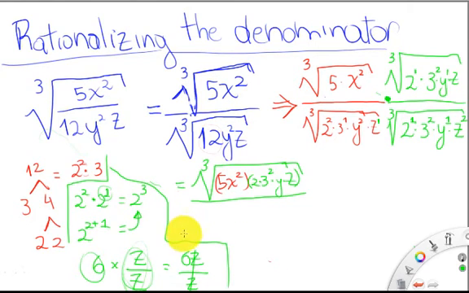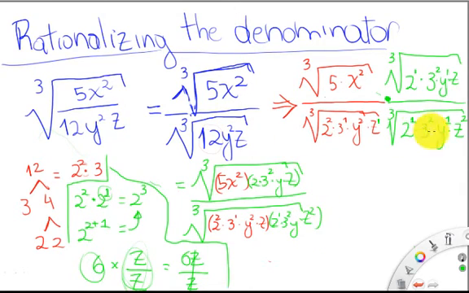And then over here I'm going to do the same. I'm going to keep the index and I'm going to do the same. So essentially all I've done is find out what was missing here, combined it under the same radical, and now I'm going to multiply.